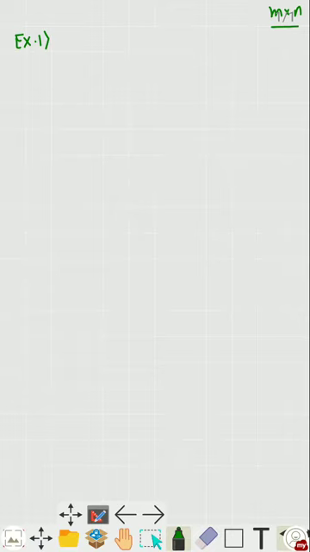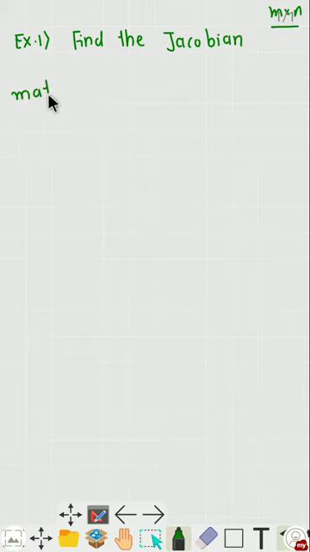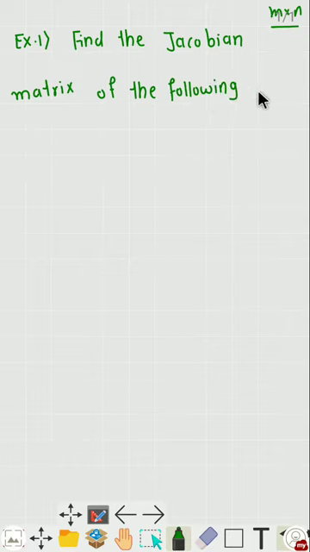Find the Jacobian matrix of the following vector field.